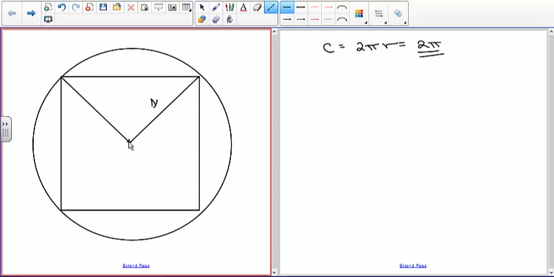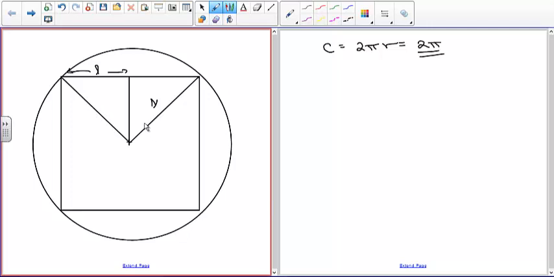So the way you do it is you take two lines, one from the center to this corner and one from the center to this corner, and then you draw another one from the center to the midpoint. What we're trying to do is figure out what this length is here. If we know this length, we can double it and find the total length here, and then multiply it by 4 to get the perimeter of the square.